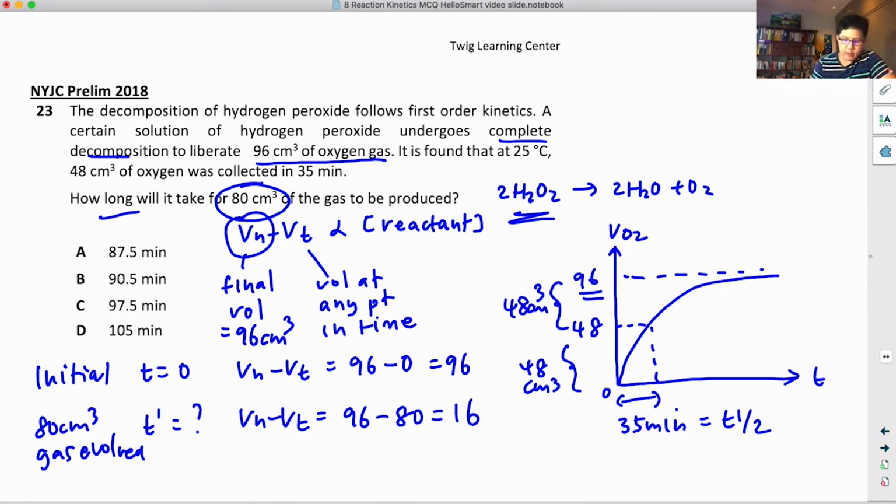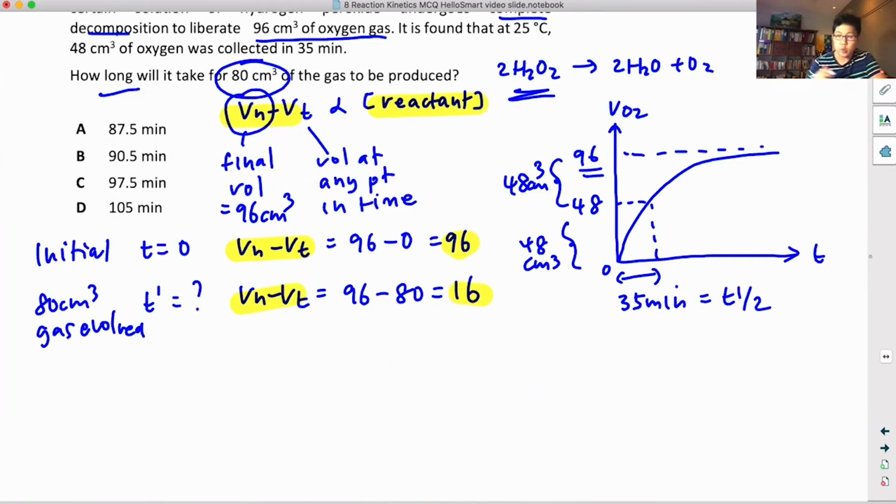So what did we just learn? Vn minus Vt is proportional to the concentration of reactant. We can treat it as if the reactant dropped from 96 to 16. So we're going to use the formula Ct equals C naught times half to the power n. Ct is 16, that's the amount left.